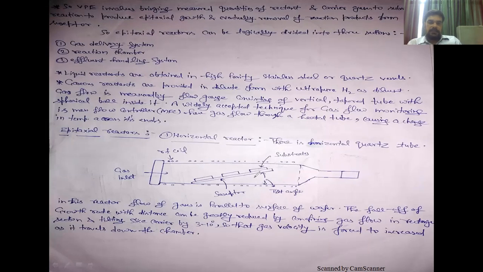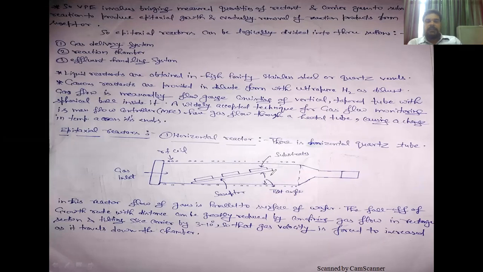Here the thickness is more, here it is lesser. So if we tilt the susceptor, then the thickness of the stagnant layer will be almost constant throughout. And if the thickness of the stagnant layer is constant, then there will be a uniform growth rate throughout.